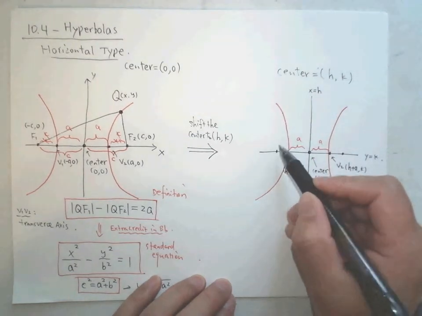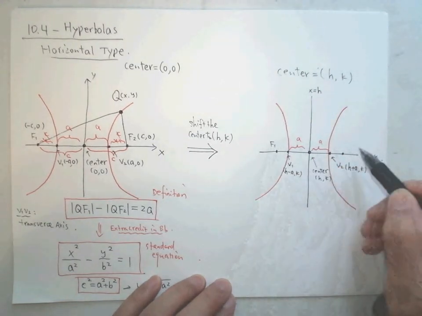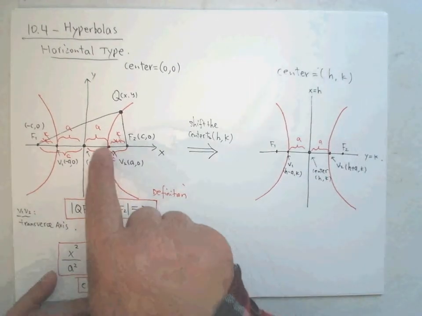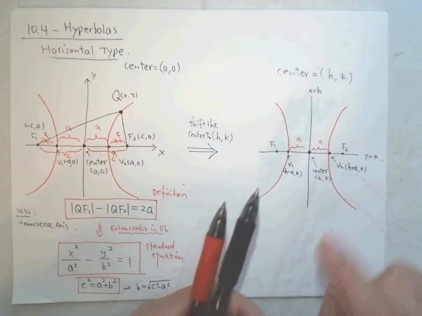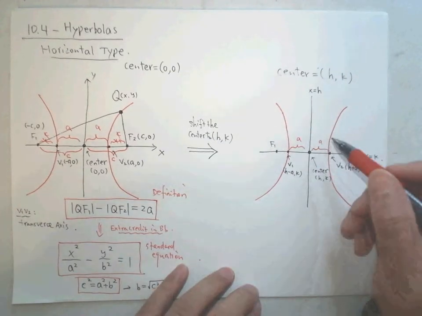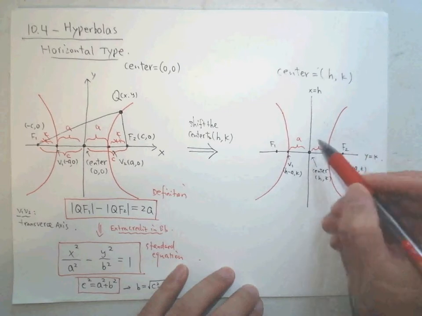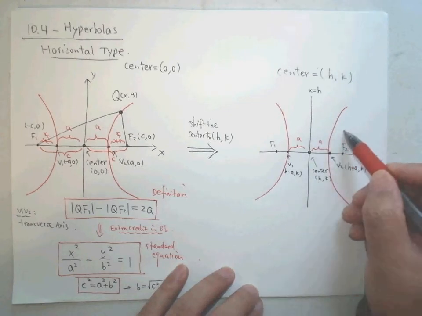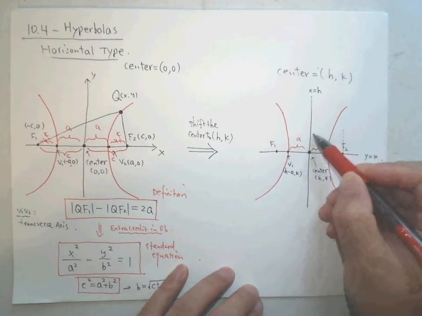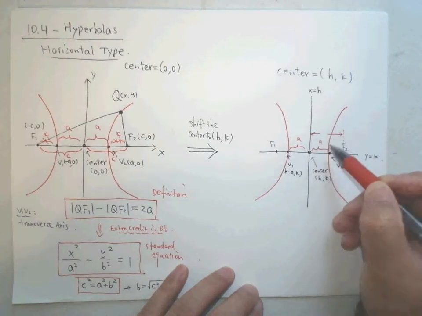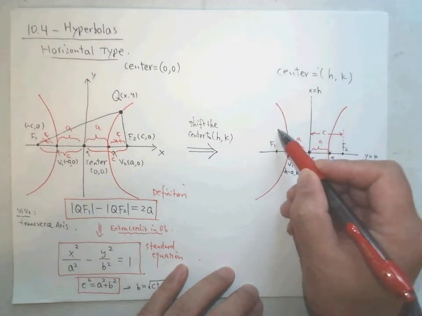So this symmetric point is another focus. The same, I put F1 here, so here is F2. And remember, we have the definition for parameter C: it is the distance from the center to the focus. I have to do this a little bit better. Okay, so everyone, you can see this distance we call the C. So the same.